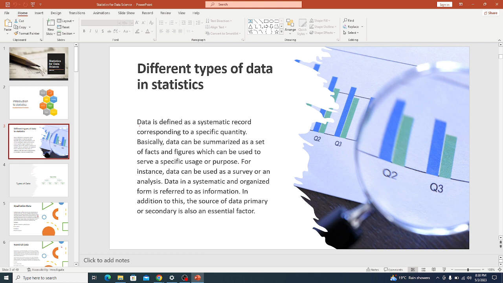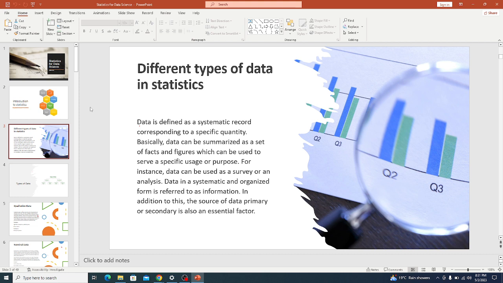Let's start with quantitative. Quantitative, from the term quantity, means we are talking about numbers, figures. Under quantitative, we usually have discrete data and also continuous data.